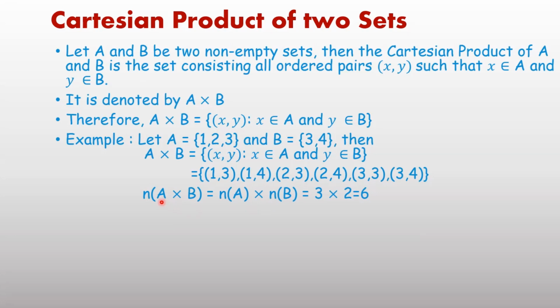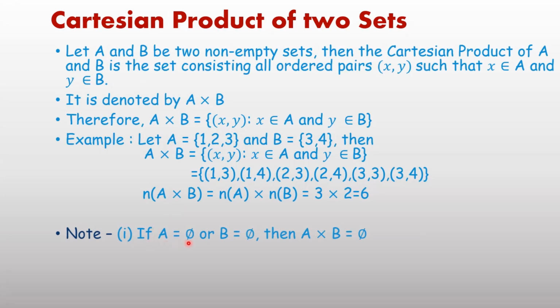Now the number of elements in A cross B. Easily you can count here the number of elements in A cross B: 1, 2, 3, 4, 5, 6. And as a formula we can apply: number of elements in A cross B equals n(A) into n(B). The value of n(A), the number of elements in set A, is 3, and the number of elements in set B is 2, product 6, means the number of elements in A cross B equals 6.